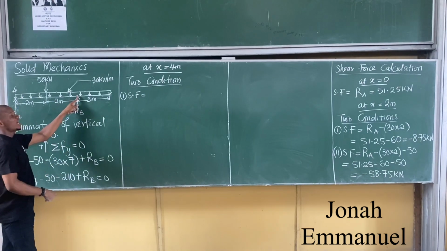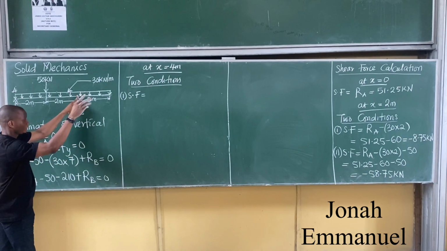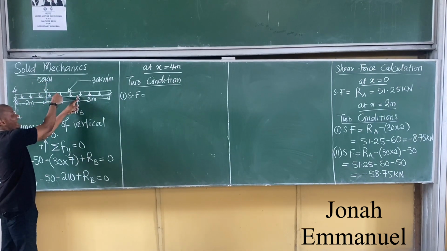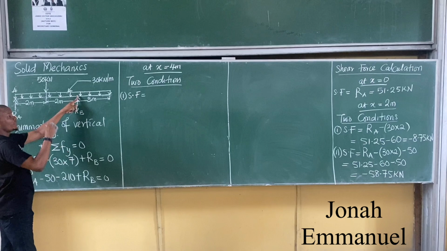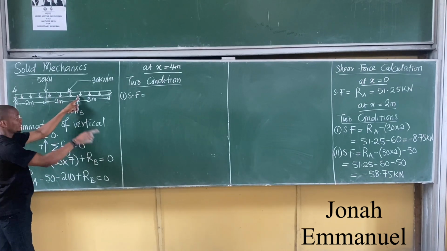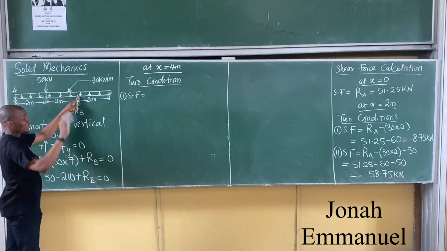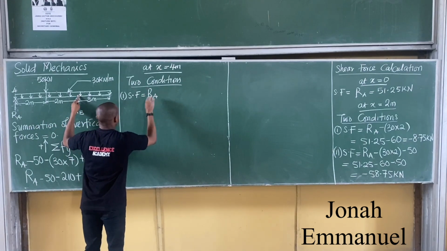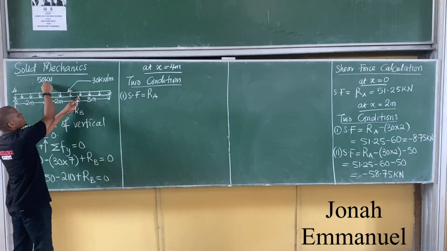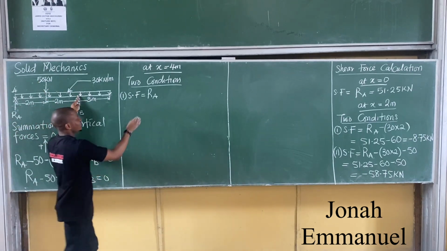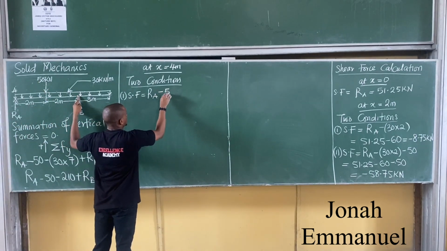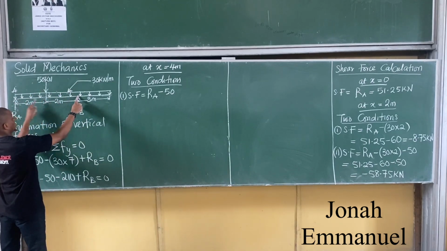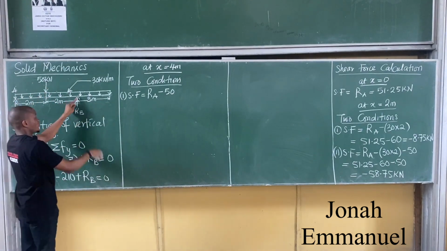Before this point, how many forces do you see there? 3. RA going upwards, this coming downwards, and then the UDL. If it's going upward, it should be positive. So RA going upward becomes positive. I'm having positive RA. Next up, I can see 50 coming downwards, so it becomes negative 50. Next up, I can see the UDL here. It's coming downwards, so it becomes negative.